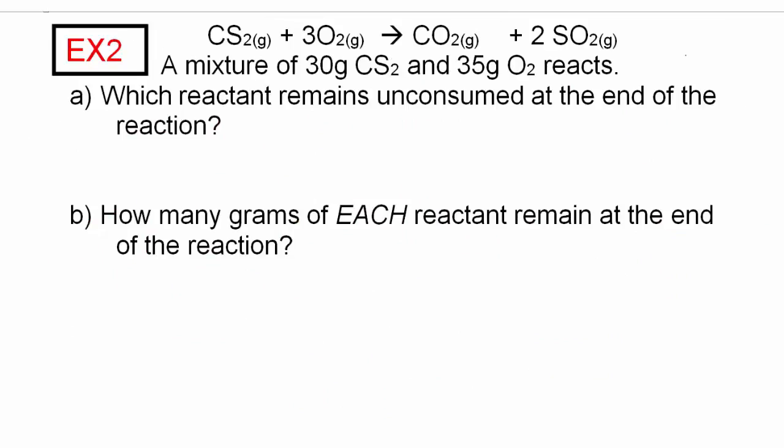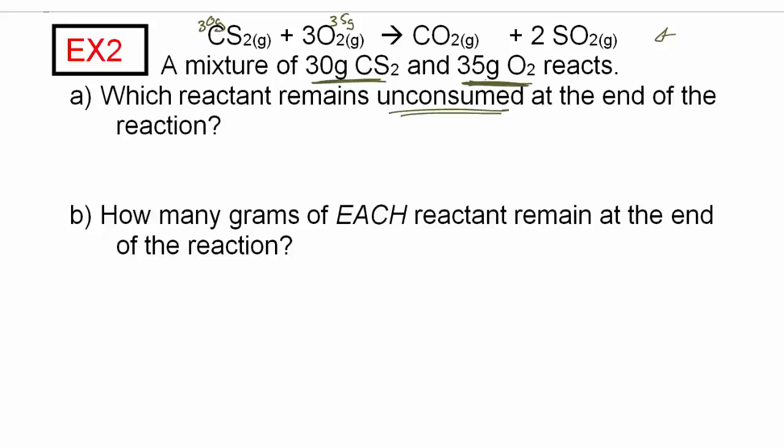Let's try this next one. We have a reaction, and they say that I've got 30 grams of carbon disulfide and I've got 35 grams of oxygen. Which reactant remains unconsumed at the end of the reaction? So one of these is going to react up first, leaving the other one in excess.